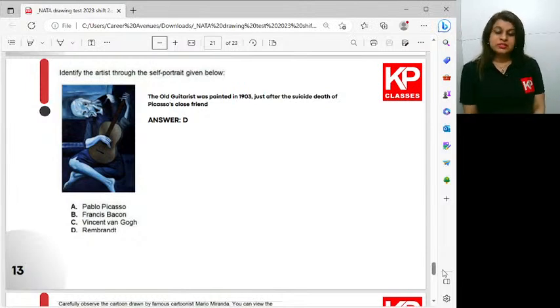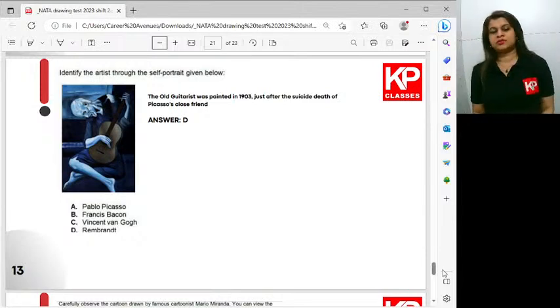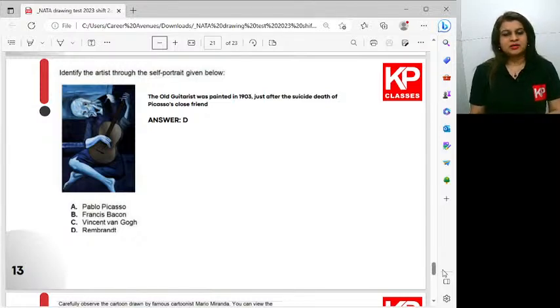Picasso is known for Cubism, very minimalistic artworks with a lot of geometry. His Indian counterpart was M.F. Hussain, also known as the Picasso of India.